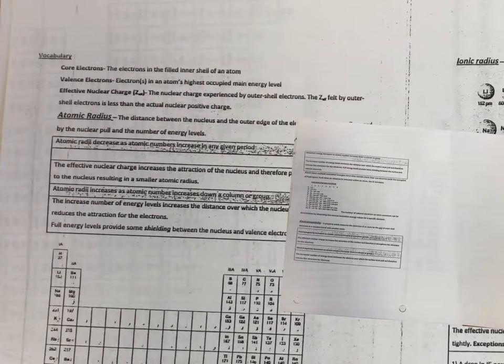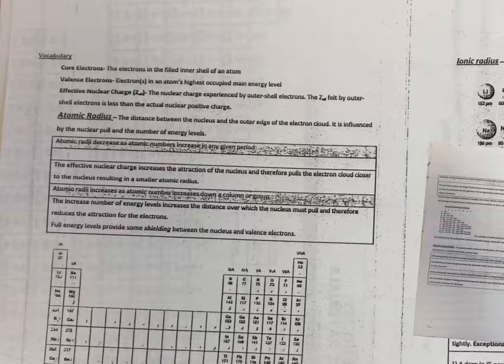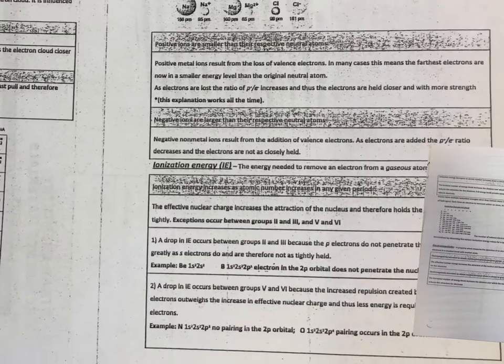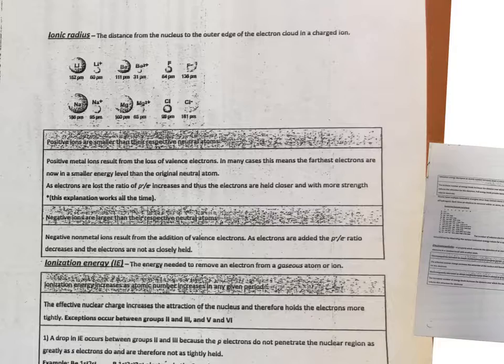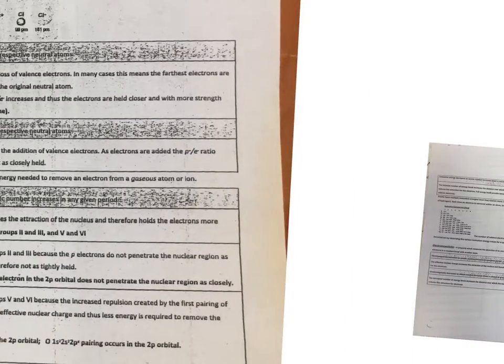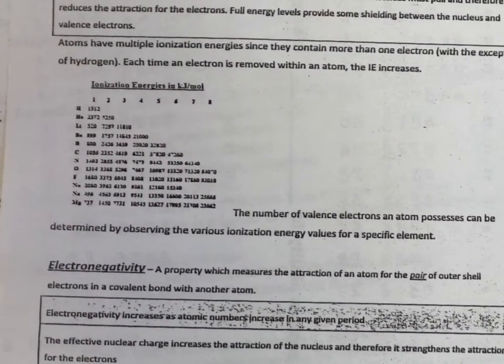All right. Turn the page. So you have these two little half sheets. I am not going to go through these. This is actually straight from your POGL when you were studying Coulomb's law. This has some of your vocab on it. It has atomic radius, and it describes that idea. It tells you your trends. It tells you about ions, ionization energy, and then the other side is just electronegativity.